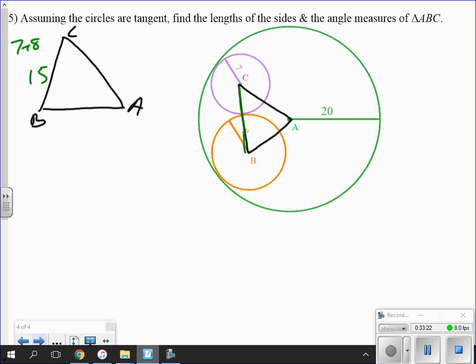AC is 20 all the way out to the edge, and then 7 more back. 20 minus 7, 13. And the same thing for AB. It's 20 units all the way out, and then 8 units back. 20 minus 8 gives us 12.